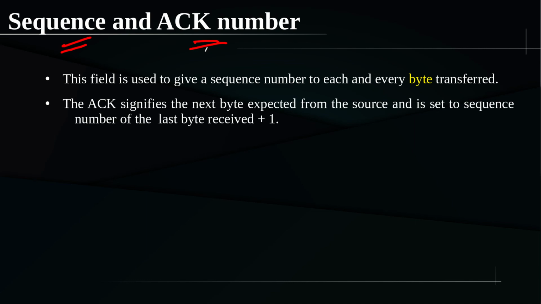So for every byte we are giving some number in a continuous way. If you look at the acknowledgement number, the ACK signifies the next byte expected from the source and is set to the sequence number of the last byte received plus 1, because that is the one I am expecting next. Now, acknowledgements are cumulative in nature instead of selective acknowledgement.